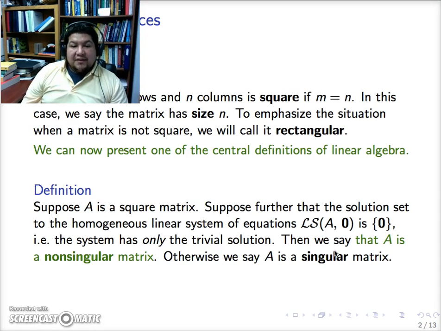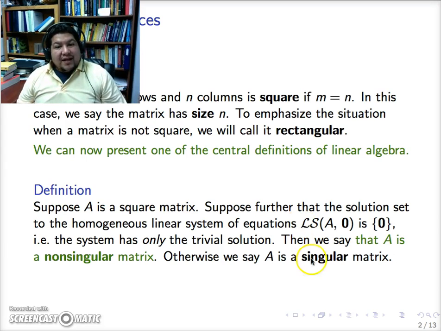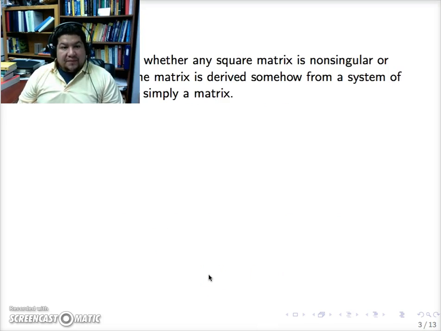For all other cases, we would say that A is singular. In other words, when the solution set of this homogeneous system of equations contains other solutions besides the trivial solution, then we would classify A as a singular matrix.